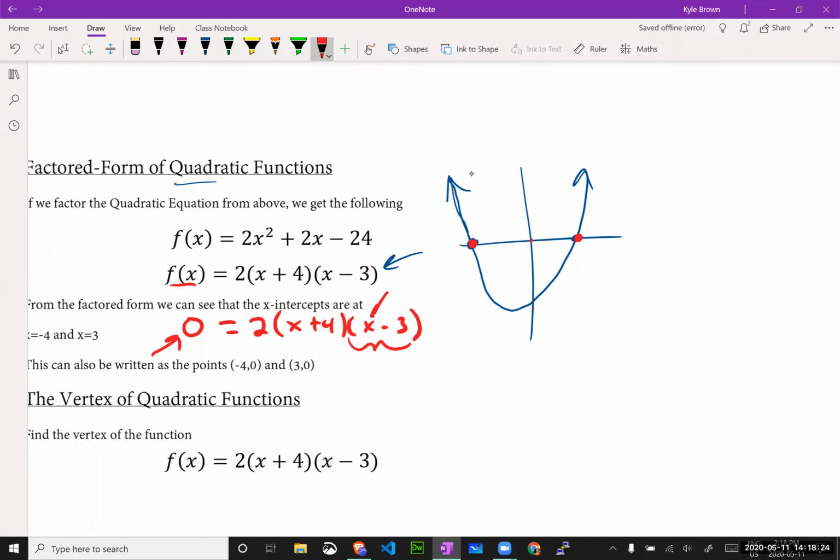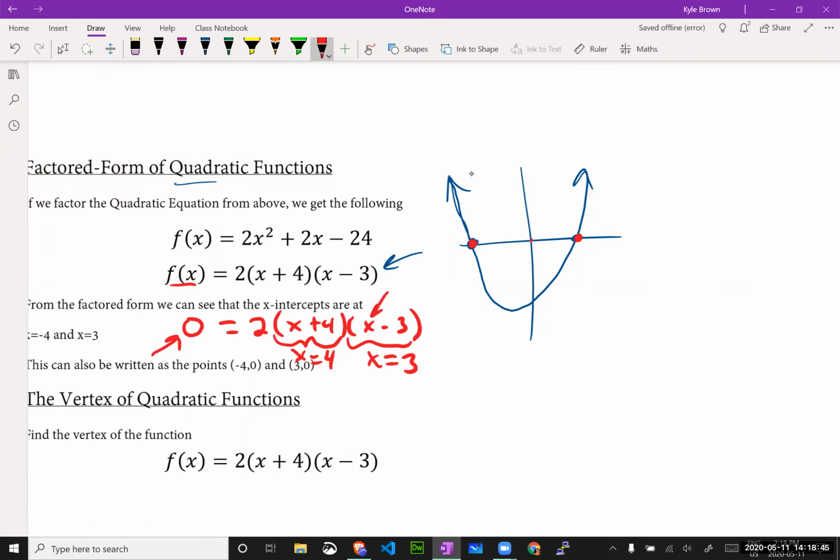Because if I threw a 3 into that, that'd be 3 minus 3. That would make this whole thing 0, so that would make this true. So one of my answers here would be x is equal to 3. And then from this one, x is equal to -4, right?